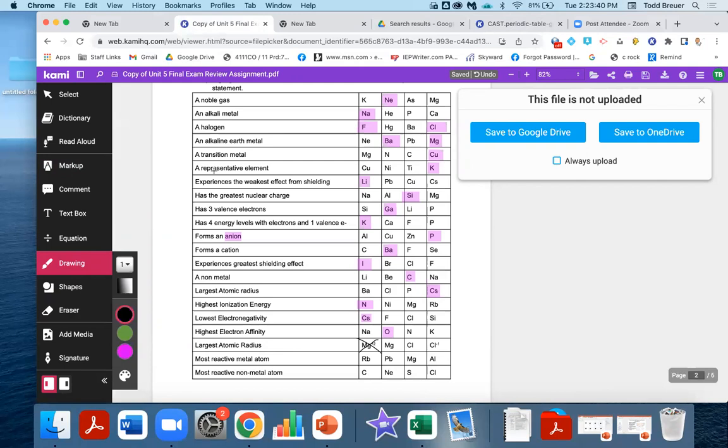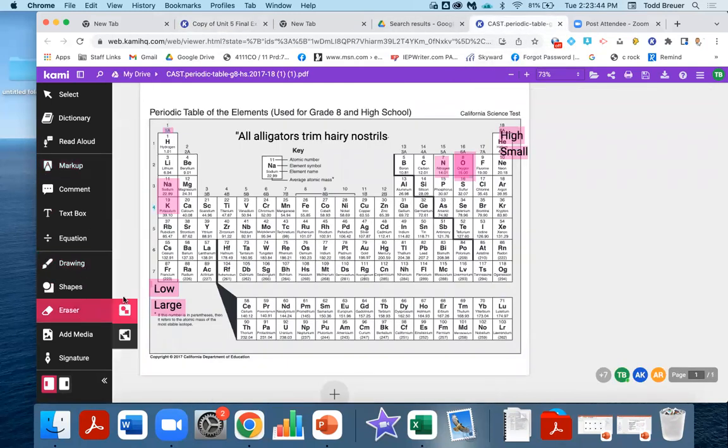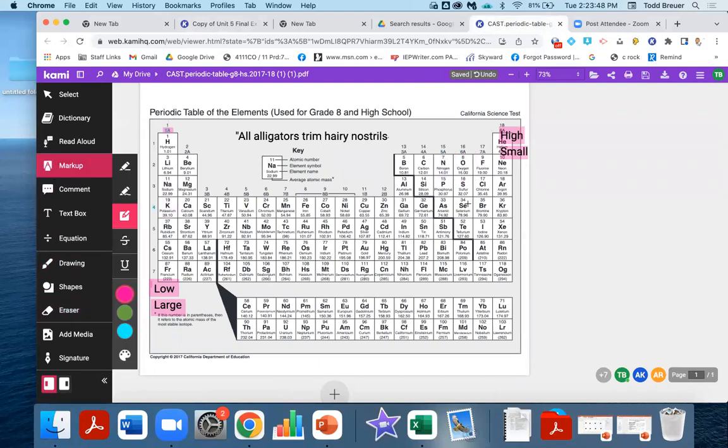Chlorine compared to magnesium. Let's mark that up. Here's our chlorine, here's our magnesium. Magnesium has 3 rings as an atom, and 12 protons.